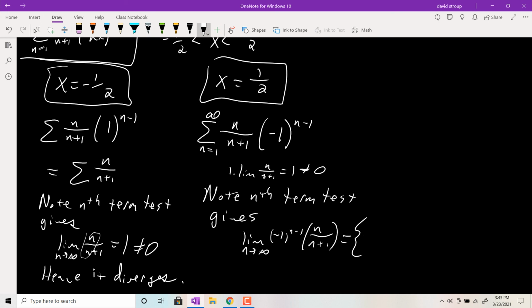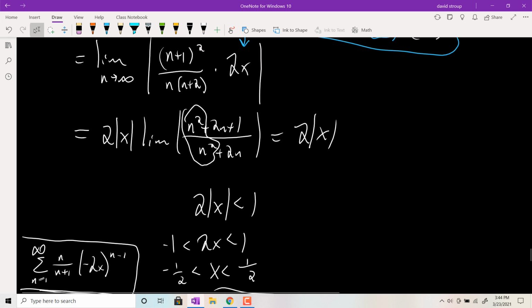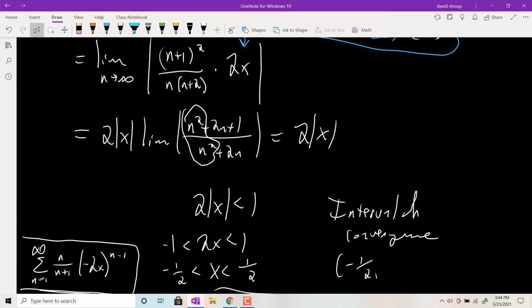So if it's even, it'll be -1, and it'll be 1 if odd, which tells me that the limit does not exist, which is, of course, not equal to 0, hence it diverges by the nth term test. So ultimately then, your interval of convergence is the open interval from -1/2 to 1/2.